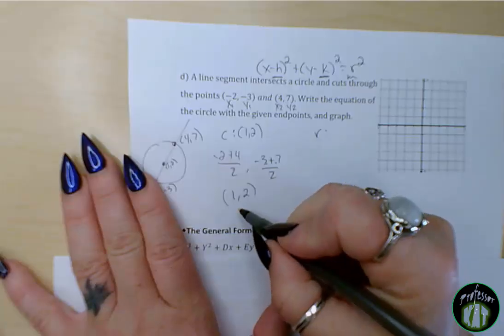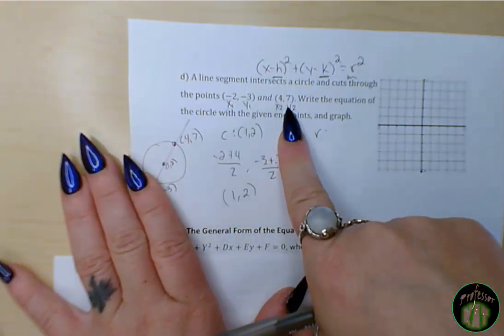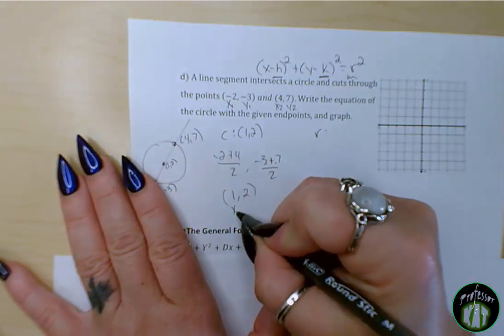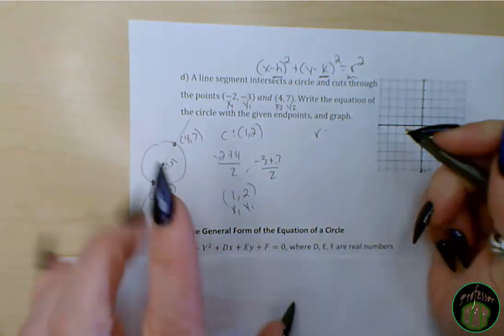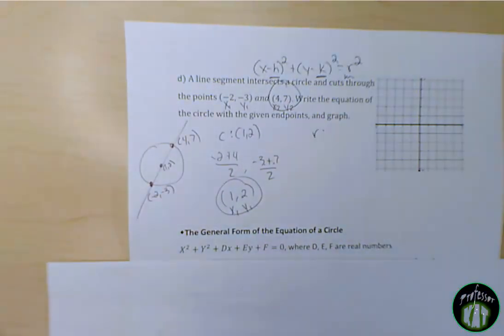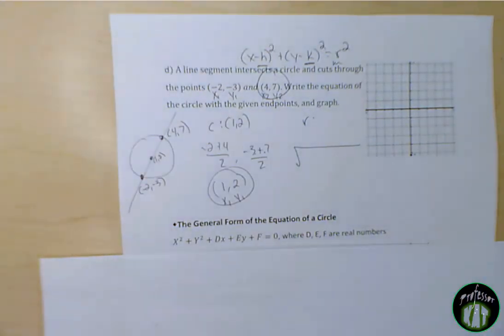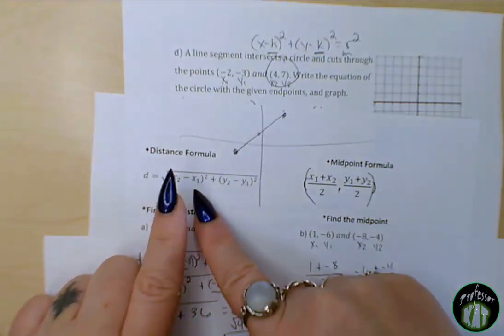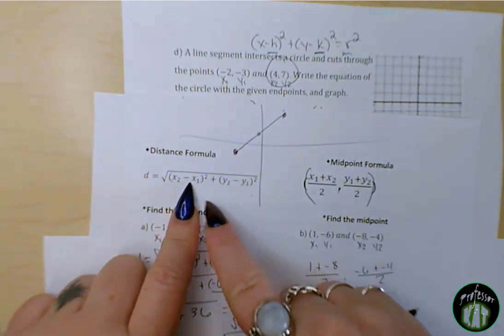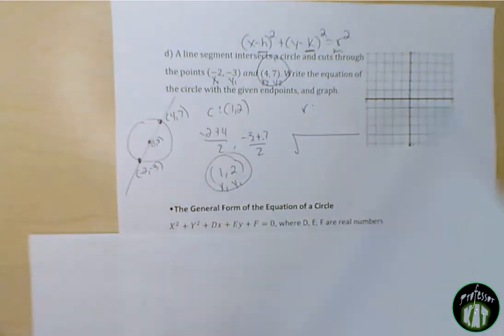So I'm just going to pick these 2 points right over here. I'm going to pick the center, (1, 2), and then the point (4, 7). So I'm going to use (1, 2) as my x1, y1, and I'm going to take that point along with (4, 7) and do the distance formula for those. Remembering the distance formula, again, x2 minus x1 squared plus y2 minus y1 squared, and take the square root of that.